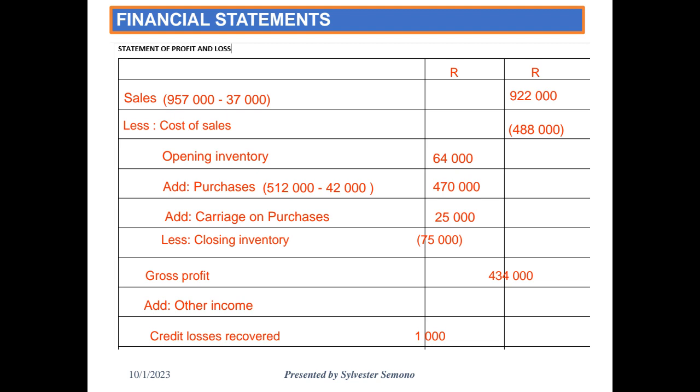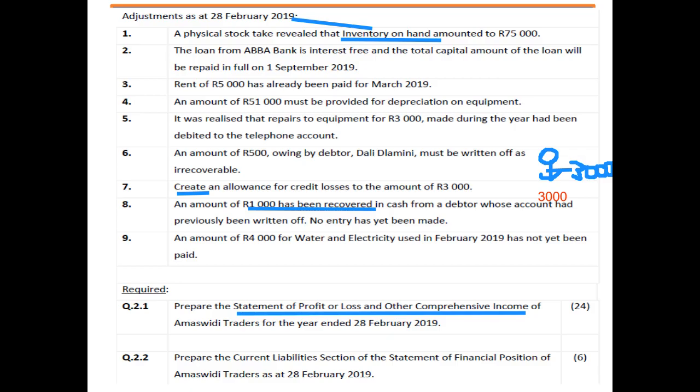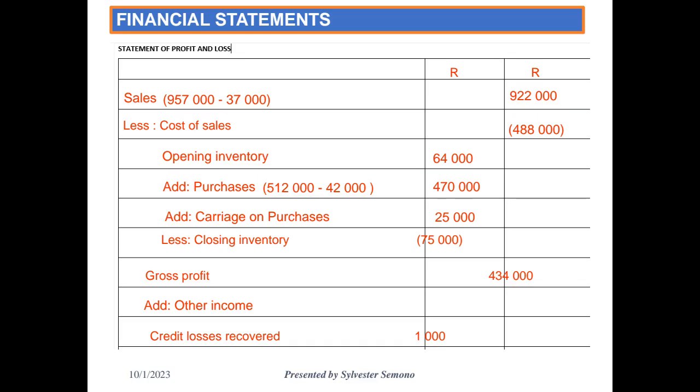So this was number 8. Number 9, do you see any expense here or income? Number 9, there's expenses. So it means I don't have any other income. The only income that I have is the credit losses recovered. You see? Yes.